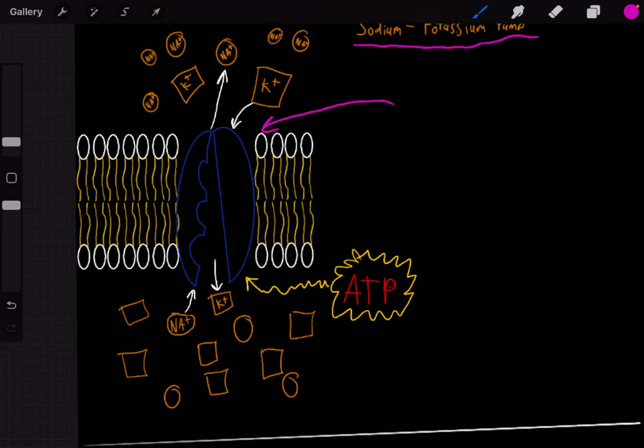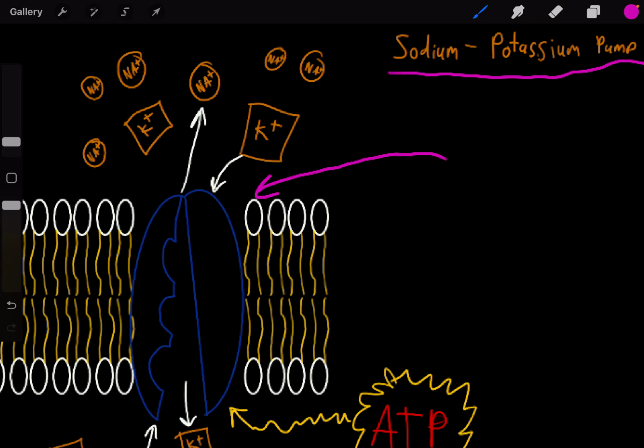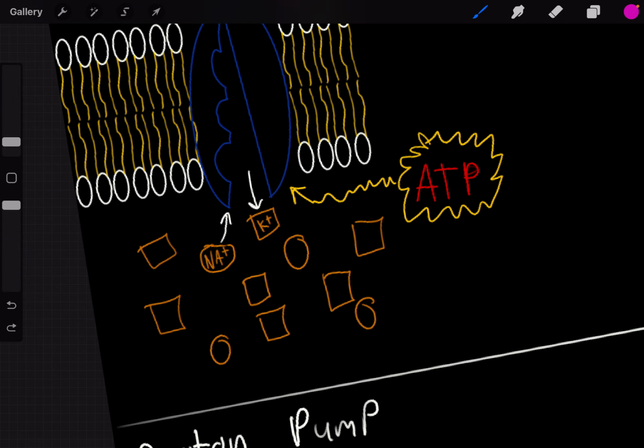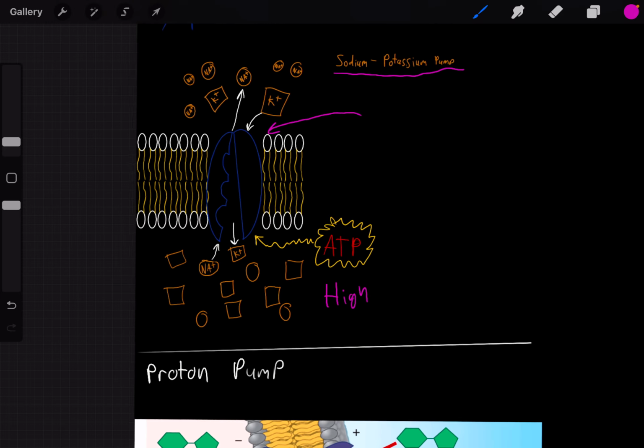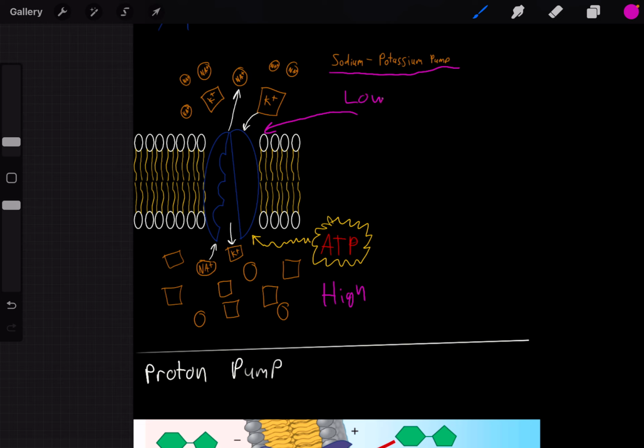As we can see here, we have, let's say, 2 potassium on this side, so a very low concentration of potassium on this side, and like 7 potassium on this side, which is a high concentration. So we can write here high, and here low, only for potassium. But it's going to be low for sodium and high over here for sodium.